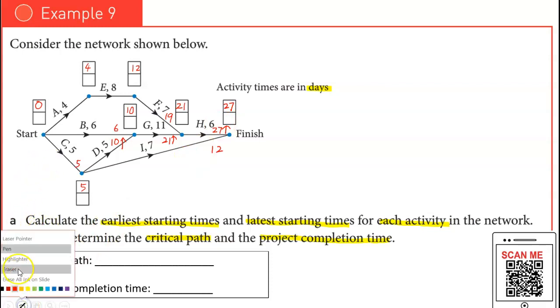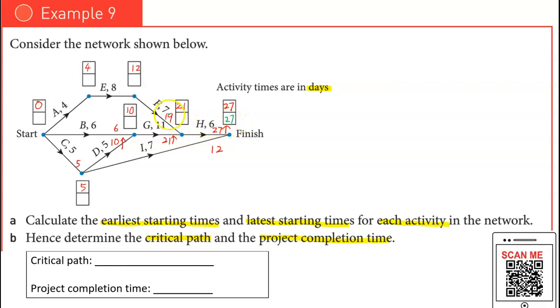Okay, now the next thing we are going to do here will be to find the LST. How do we do the LST? You go to the last node, copy the same value as the EST and bring it downward. Okay, and then you reverse the direction, backtrace it.